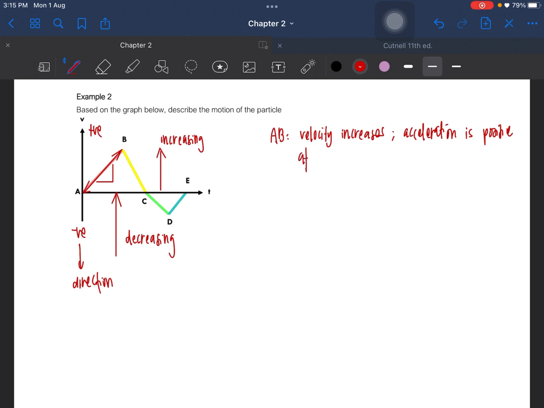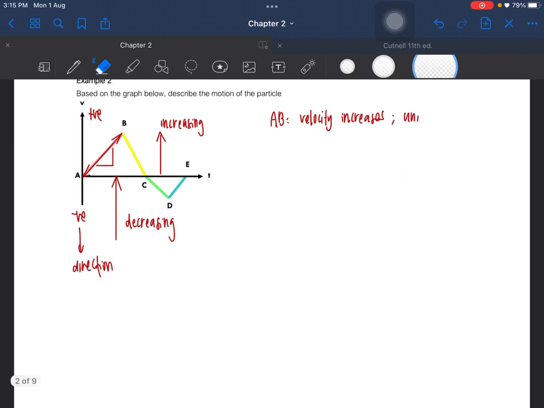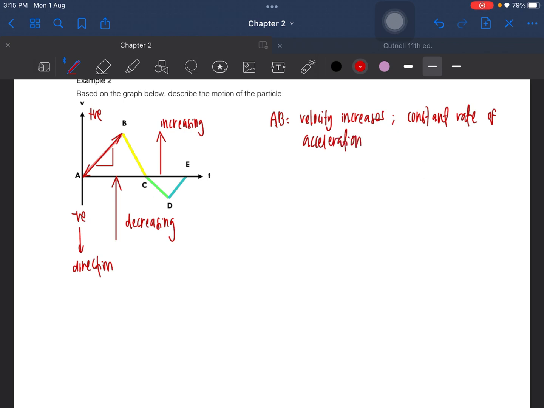How to write it? Acceleration is positive. No, let me just write uniform acceleration is constant rate of acceleration. Constant rate of acceleration. Constant rate of positive acceleration. Just like that. Let us put positive here.